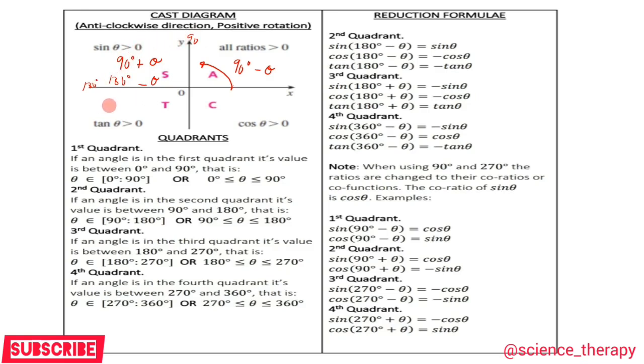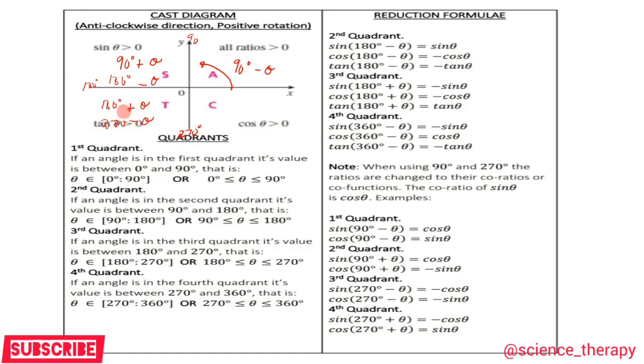But then in the third quadrant, what do we have? The third quadrant is greater than 180, so it's 180 plus theta, right? But then we also have another one. Remember, here we have 270, so this will be 270 degrees minus theta, right?